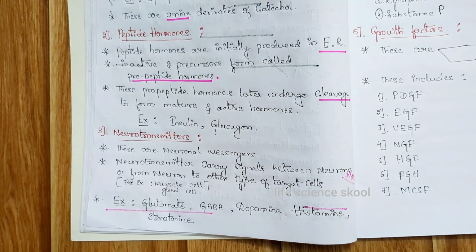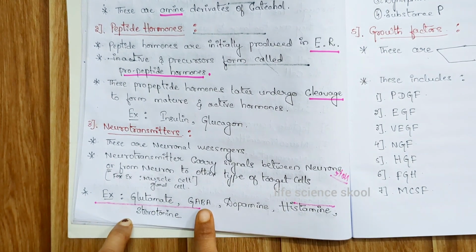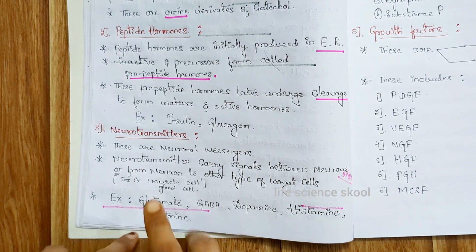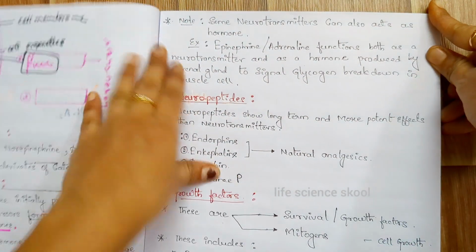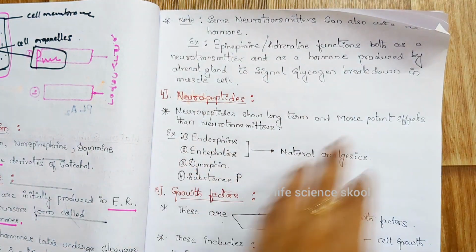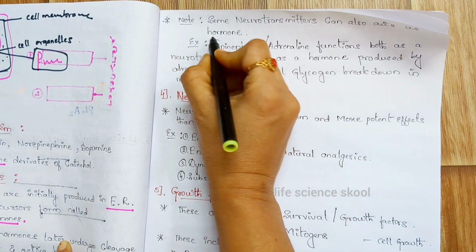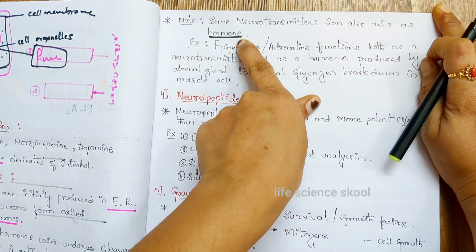The examples for neurotransmitters here are glutamate, GABA, dopamine, histamine and serotonin. One keynote I have written here is that some neurotransmitters can also act as hormones.